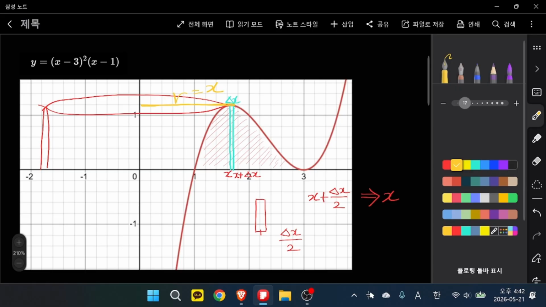Now let's find the volume of one shell. To make the volume easier to visualize, let's roughly think of the shell as a very thin rectangular prism. Circumference, 2 pi r, the height is f of x.